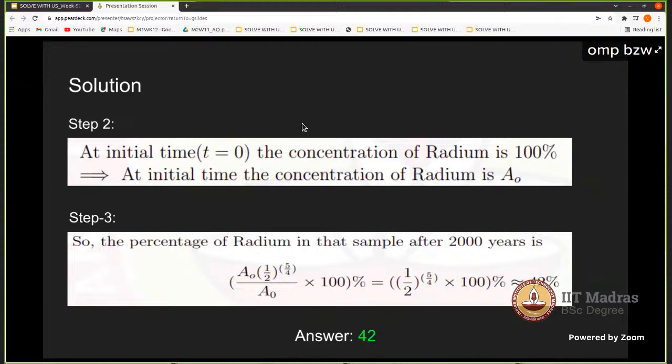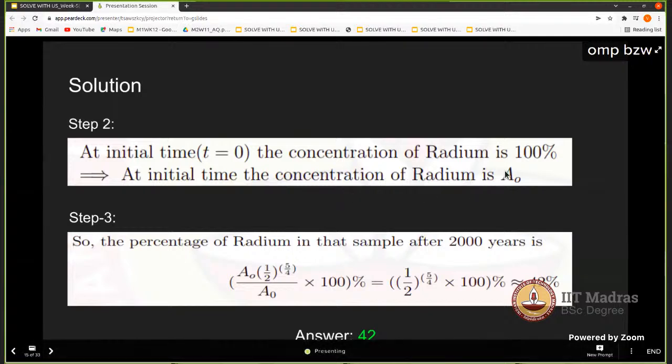See, A naught is equal to 100%, right? This A naught is nothing but the 100% concentration. Substituting 100% in place of A naught means you are assuming that your initial concentration is 1.